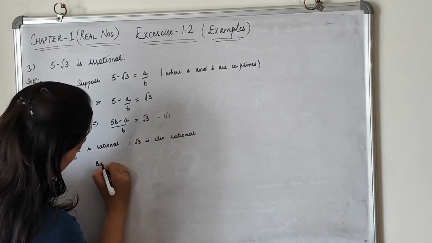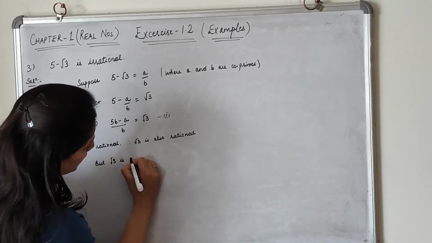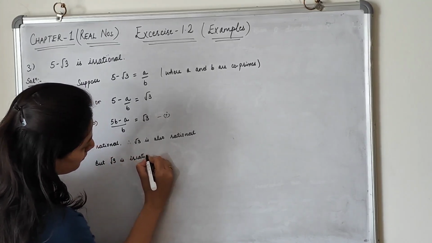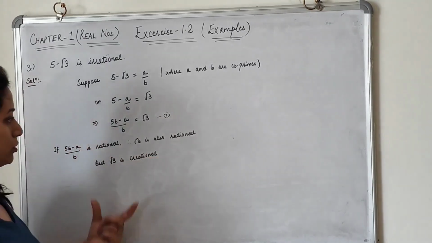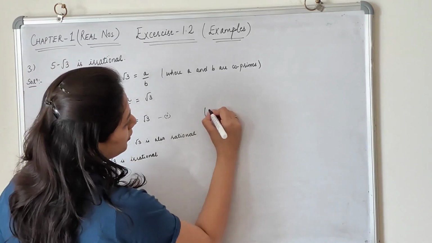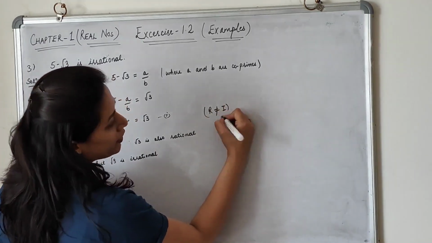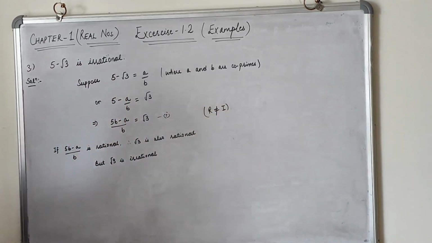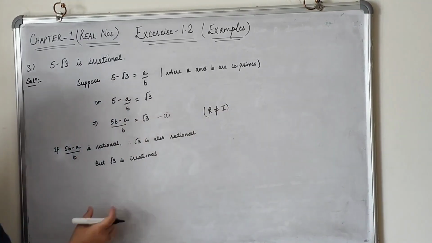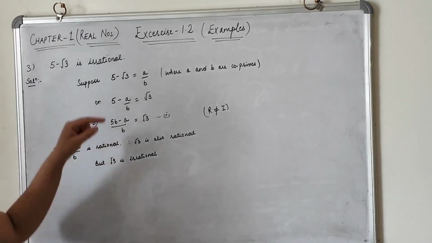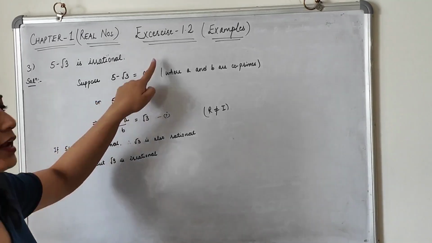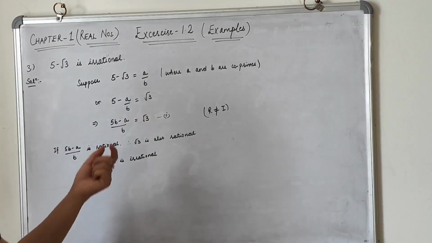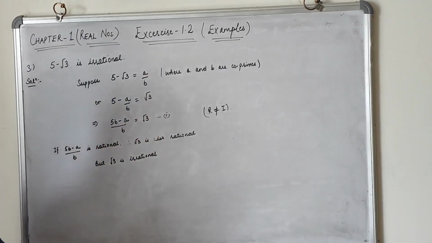But root 3 is irrational. Also, a rational number cannot be equal to an irrational number. Yes? So here contradiction has arisen. What we assumed, that 5 minus root 3 is a rational number. But here root 3 is an irrational number.